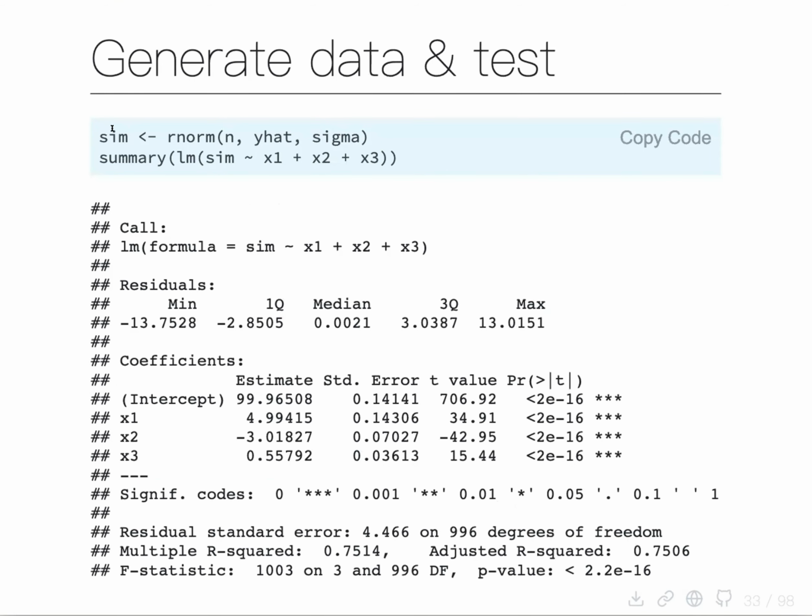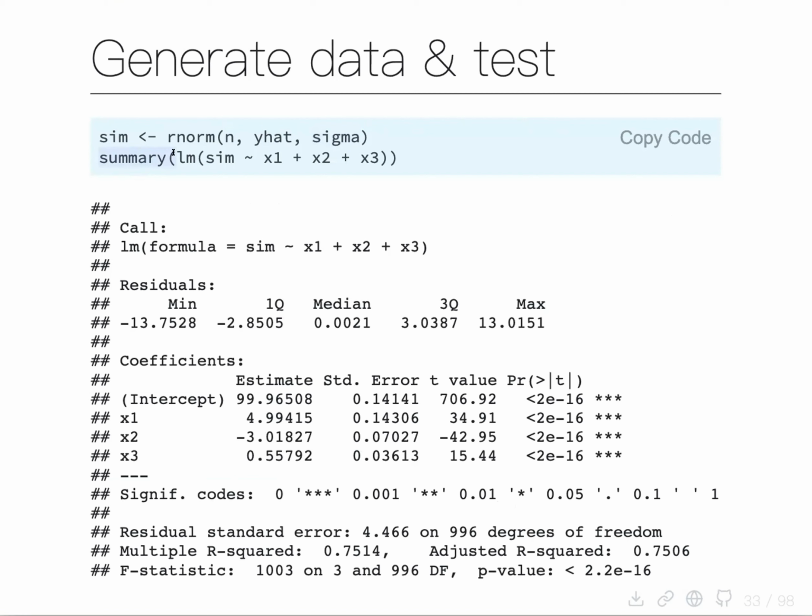And then I create this thing called sim, where I say sim rnorm n, so get n observations, where the mean is equal to y hat, and the standard deviation is equal to sigma, which is 4.5.